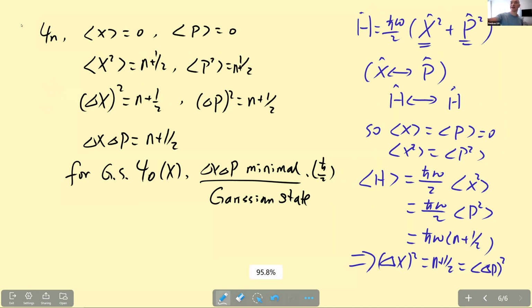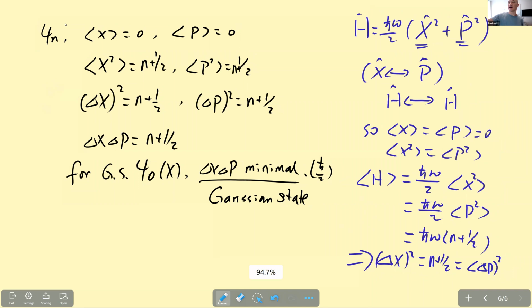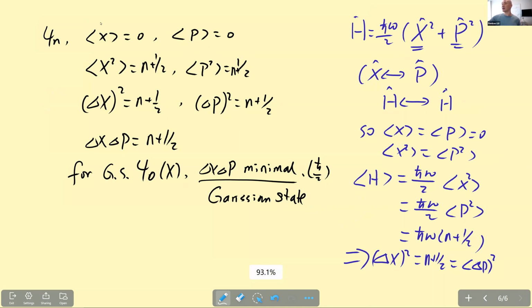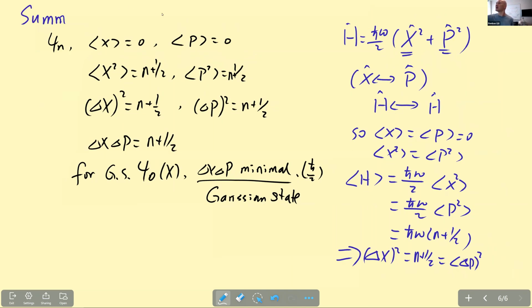Right, so this is the summary. Okay, this is obtained by recursive relations.